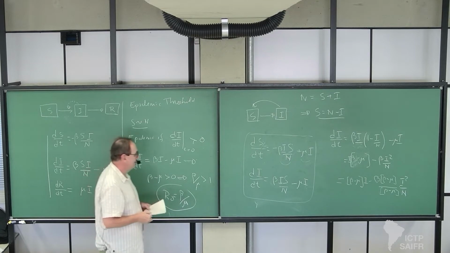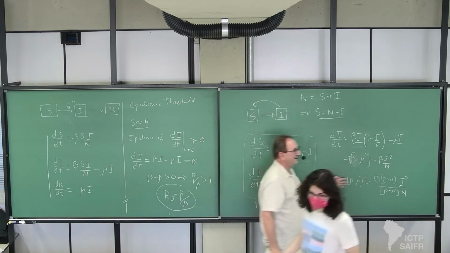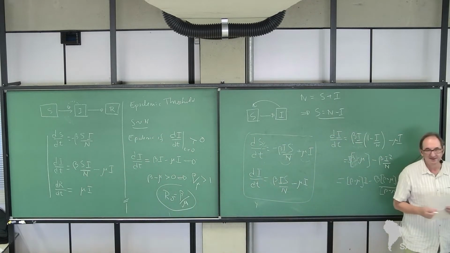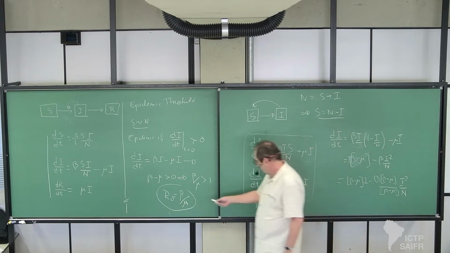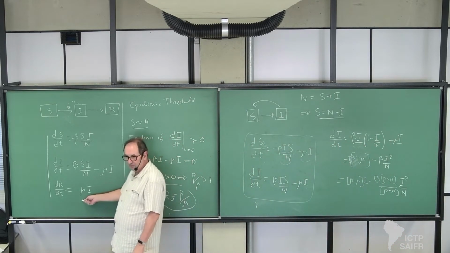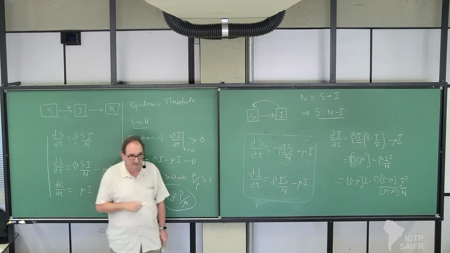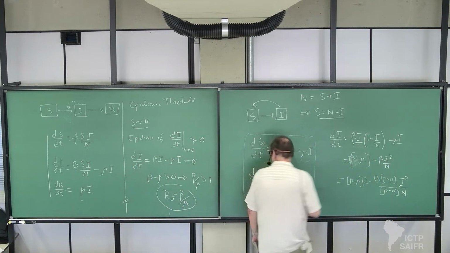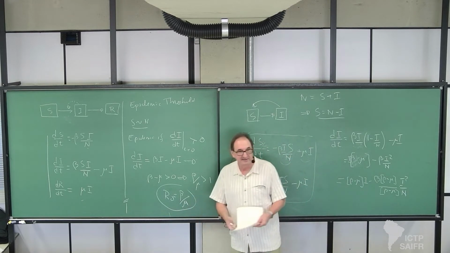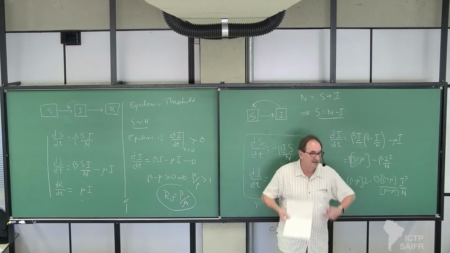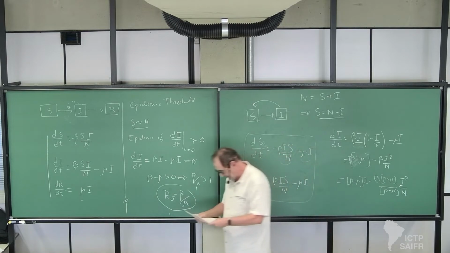It's the same expression we had here, only that this mu now is the duration of infection, but you go to the recovered and not back to the susceptibles. So this is R0, and this is the condition that you have an epidemic.